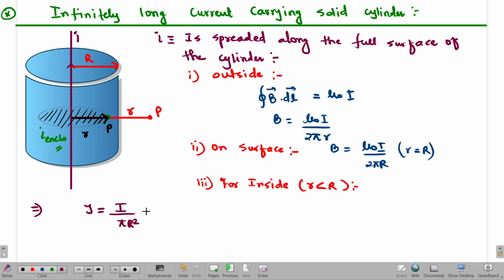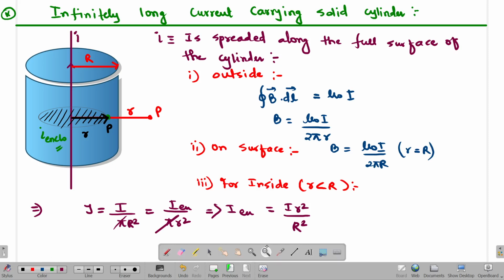Pi capital R square. So for a small region, it will be I by pi small r square, pi cancel. So therefore, I enclosed in the small region is I into small r square by capital R square. Is that clear?